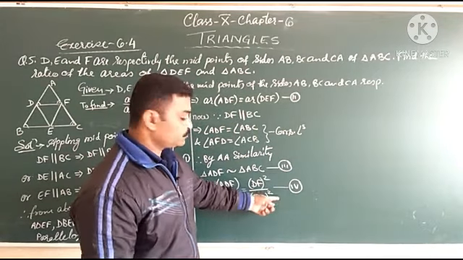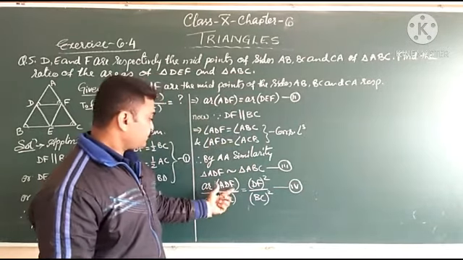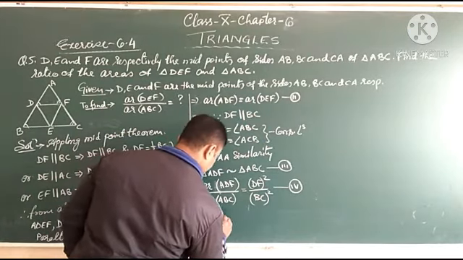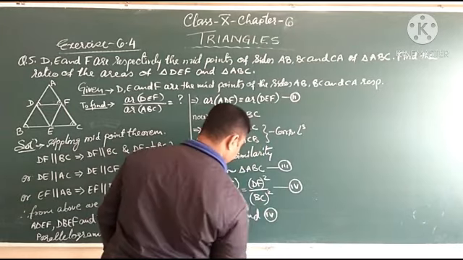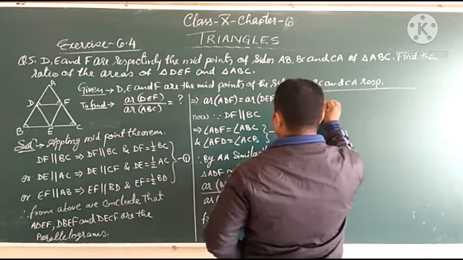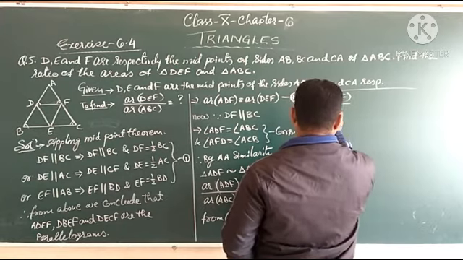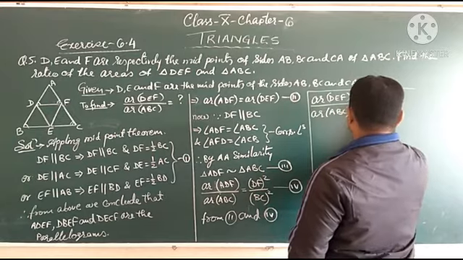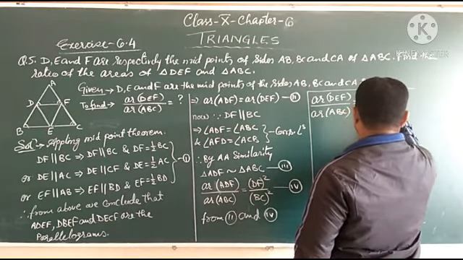From 2 and 4, in place of area of ADF, we can write area of DEF. From 2 and 4, what we write? Area of DEF upon area of ABC is equal to DF upon BC whole square.